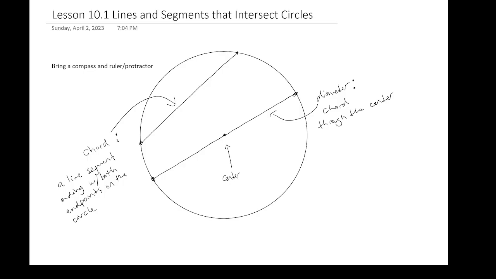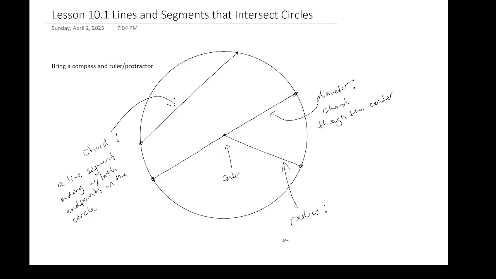Now, another way we could do this, right? We go line segment, it terminates on the circle. We could terminate on the circle through the center, or we could also terminate at the center and on the circle. And specifically, this type of line segment is what's called a radius. All right.